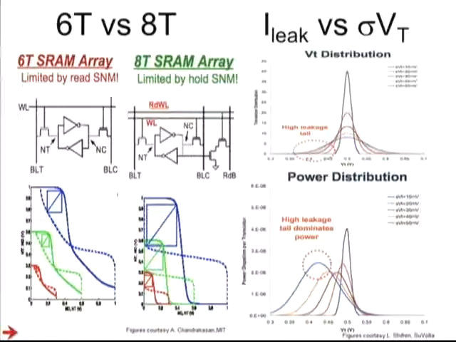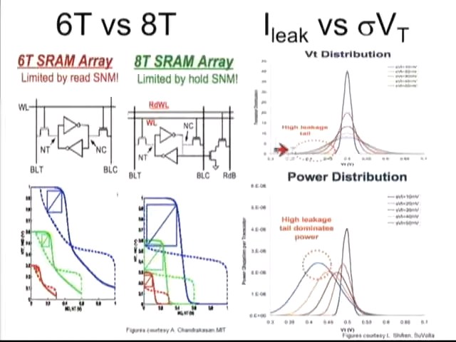Looking at a few figures here, I've got a comparison of the signal noise margin of 8T cell versus 6T cell. You can see how compromised the 6T cell is as you reduce the voltage. Also, this graph doesn't show the effect of VT mismatch, which just absolutely tanks the 6T cell. So we need a solution for this going forward.